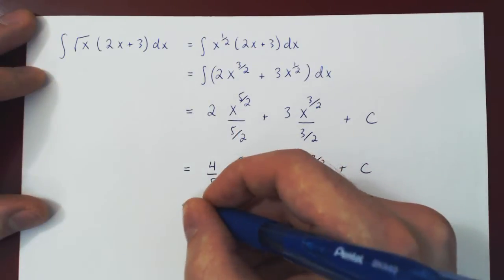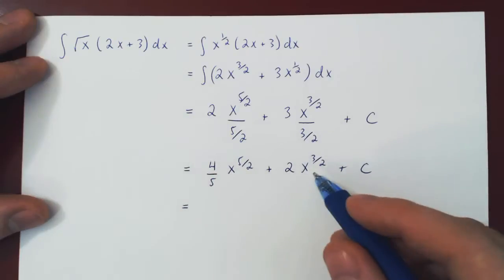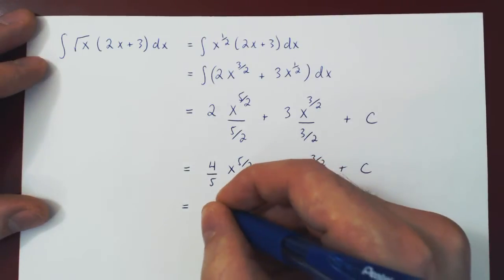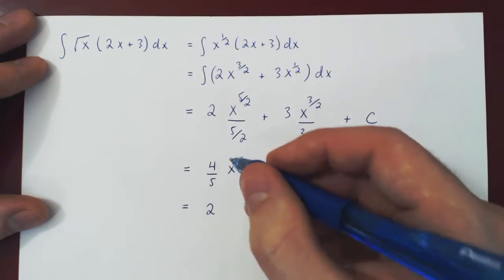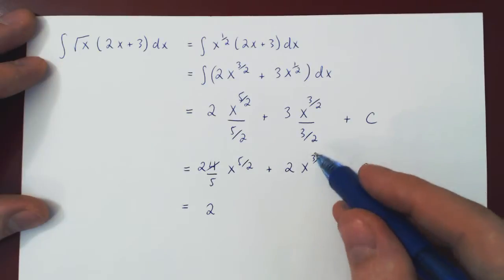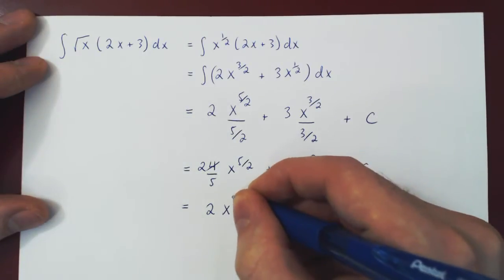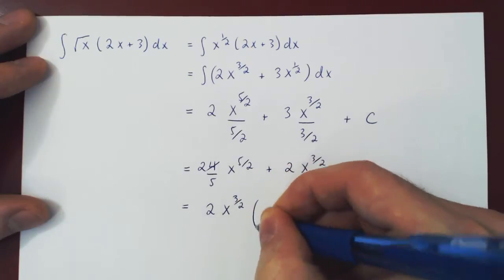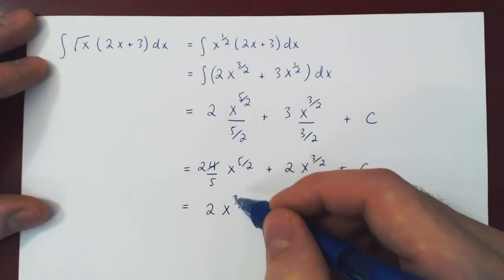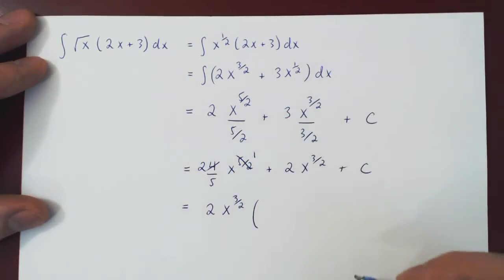One last little thing. This is really an aside, but we could simplify a little bit by factoring common terms. There's a common factor of 2. Of course, if you take 2 out of 4, that leaves you with 2. And we can factor the smallest power of x, being 3/2. So if you factor x to the 3/2 from x to the 5/2, well, 5/2 minus 3/2 is 2/2, which is simply 1.